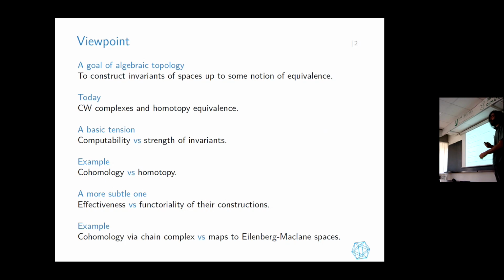To illustrate this tension, an example that some of us might know well is to define cohomology effectively through chain complexes, or to define cohomology through homotopy classes of maps to Eilenberg-MacLane spaces. The first one is effective, not so functorial. The second one is extremely functorial, but not effective at all.